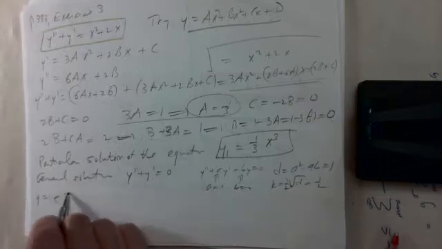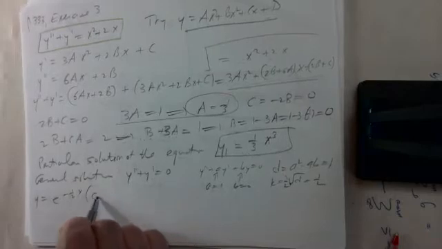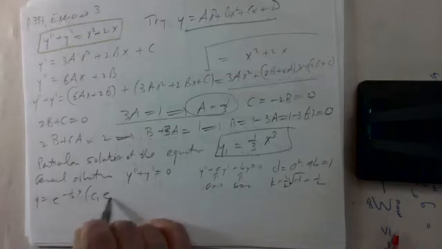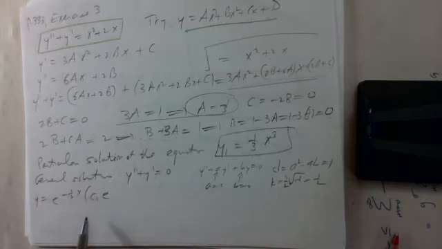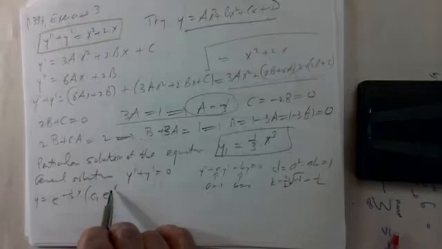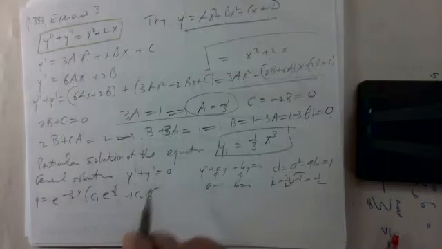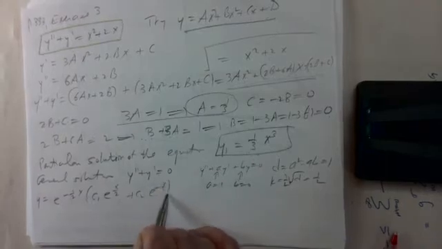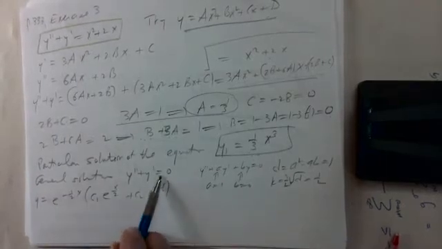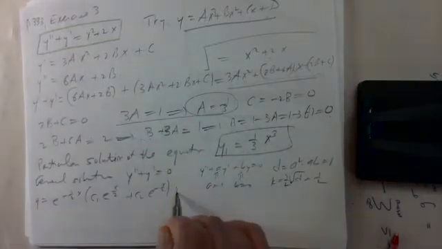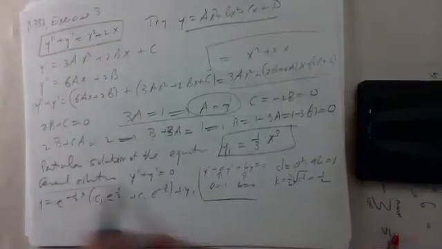So e to the minus 1/2 x times c1 e to the kx, x over 2, plus c2 e to the minus kx, x over 2. So this is the general solution for the homogeneous equation. And for the original problem, it's this plus my y1.